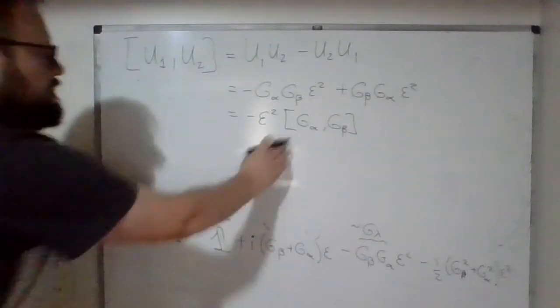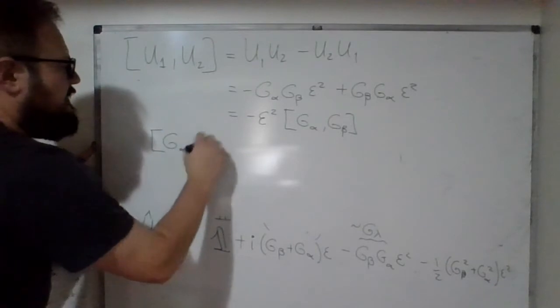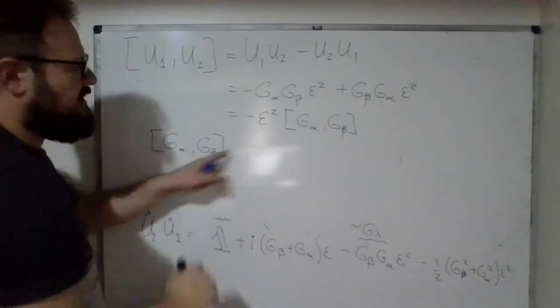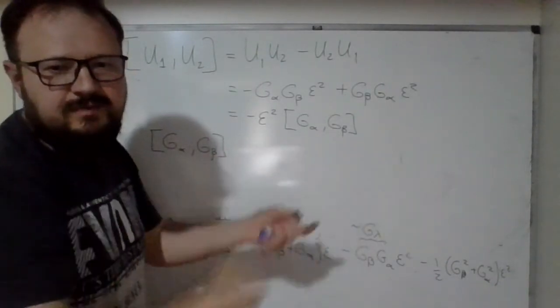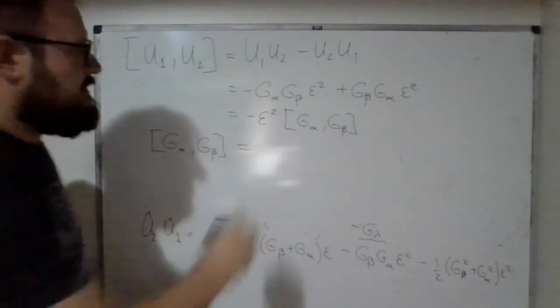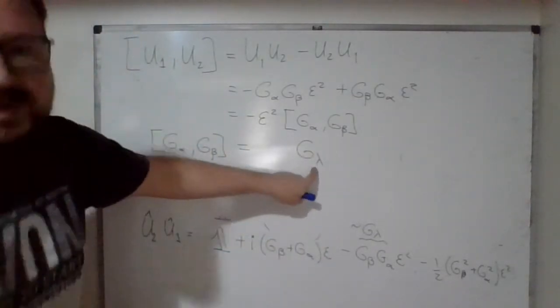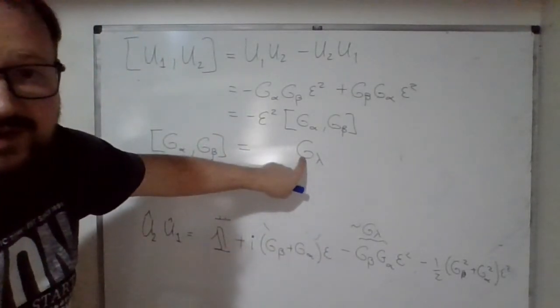Then when you calculate the commutator here, G alpha and G beta, you have G alpha G beta minus G beta G alpha, and this must be proportional to some other lambda matrix, which is another generator.